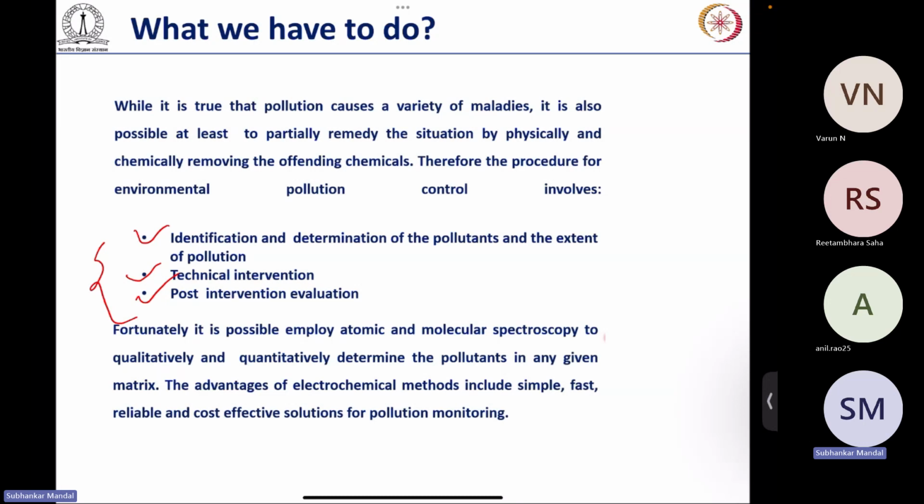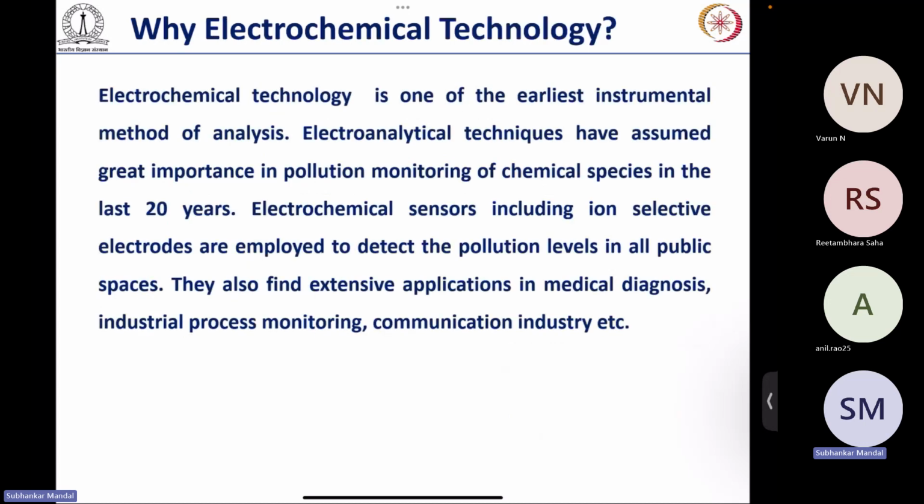Potentially, it is possible to employ atomic and molecular spectroscopy. So not only is the electrochemical technique required, spectroscopy can also help to quantify the pollutant concentration. Now the question is, why the electrochemical technique? We have different types of techniques, like microscopic and spectroscopic techniques, but why electrochemical?